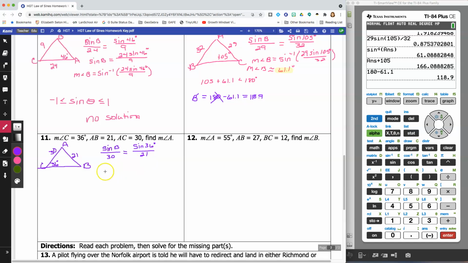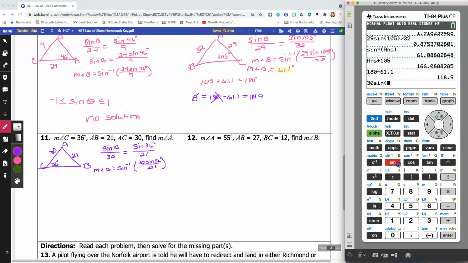All right, so the measure of angle B then is equal to the inverse sine of 30 times the sine of 36 degrees divided by 21. All right, is this even possible? Let's double check. So I have 30 times the sine of 36 degrees, close those parentheses, divided by 21. This number is less than 1, so yes, it's possible.